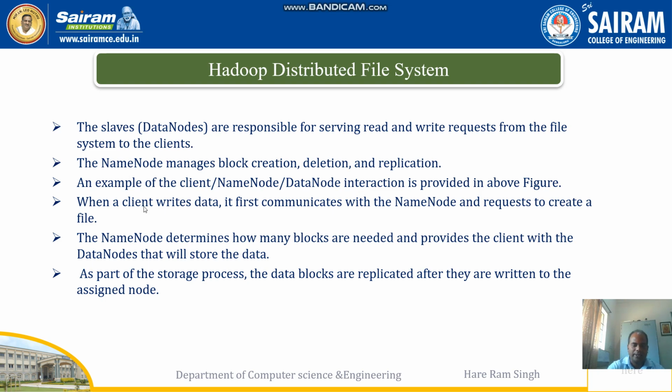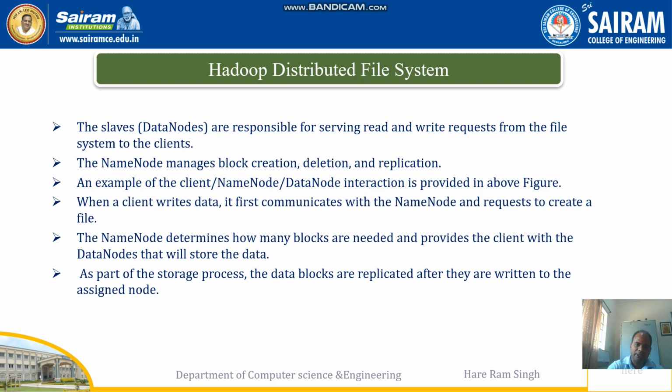When a client writes data, it first communicates with the name node and requests to create a file. As we said in the previous video, if a client wants to write data to the data node, first it has to inform the name node. Then the name node determines how many blocks are needed and provides the client with the data node that will store the data.